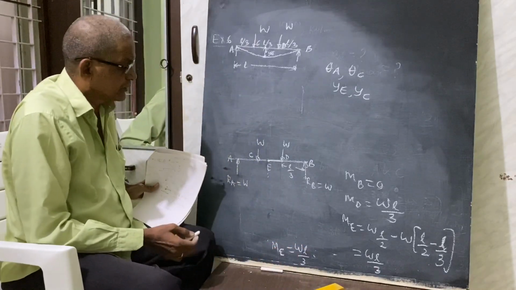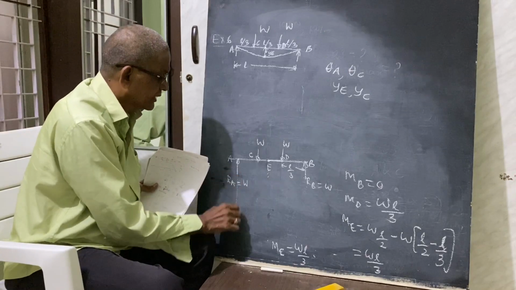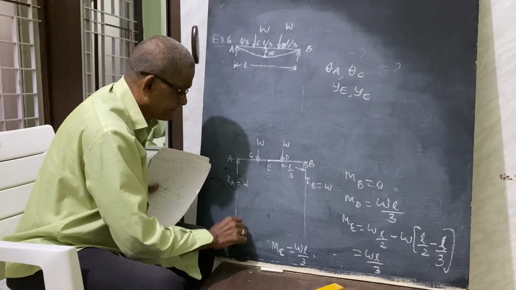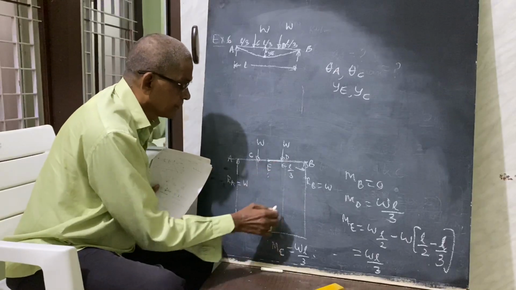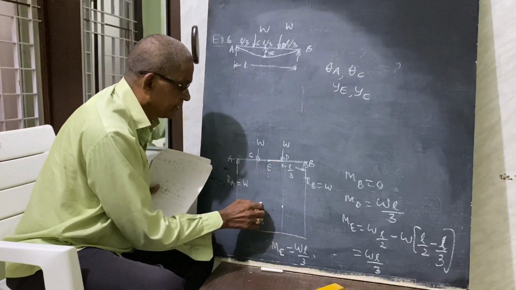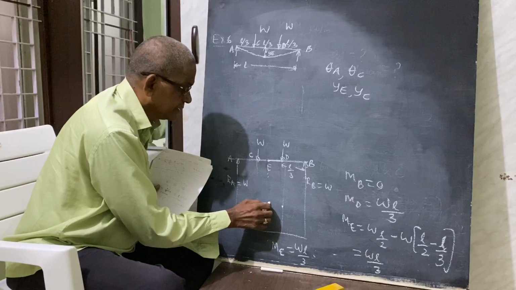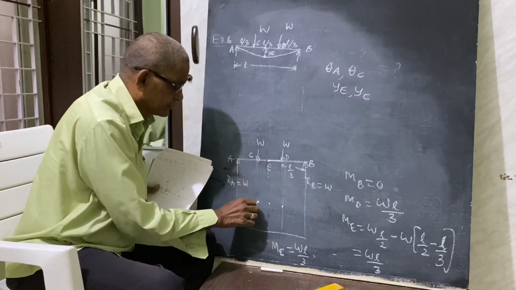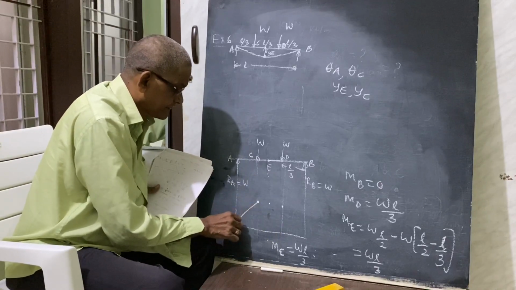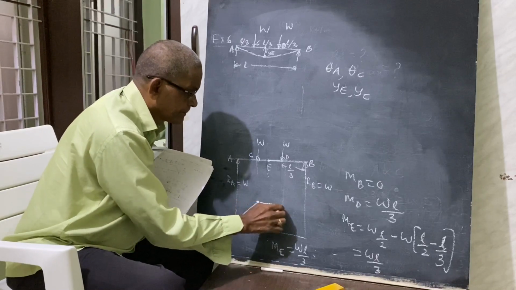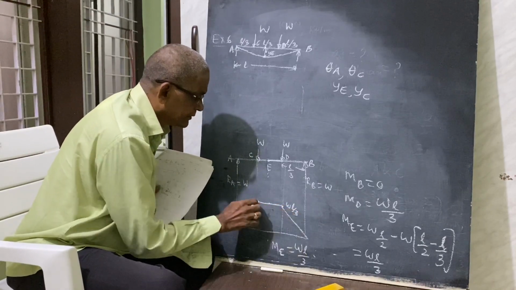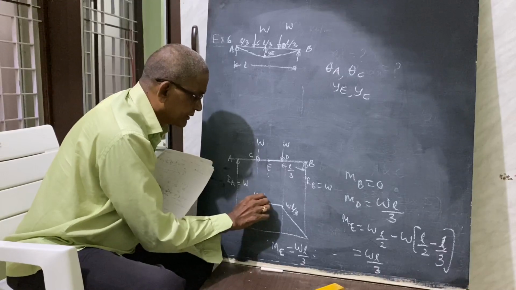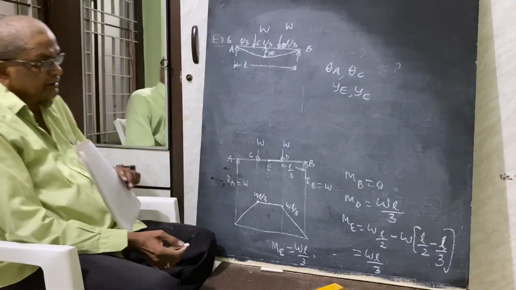So if you draw the bending diagram, it will be like this. Here WL by 3, here also WL by 3, here also WL by 3. So this is the bending diagram.